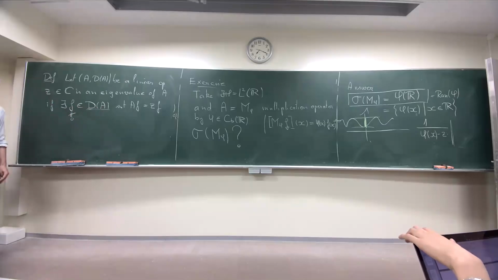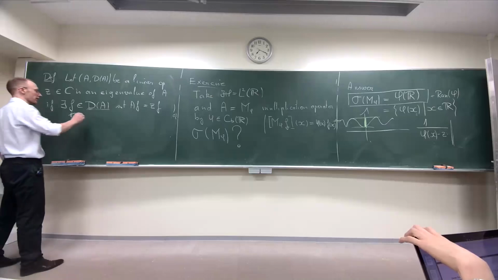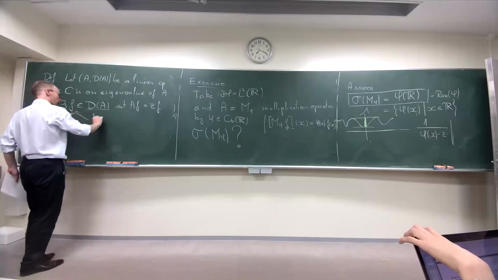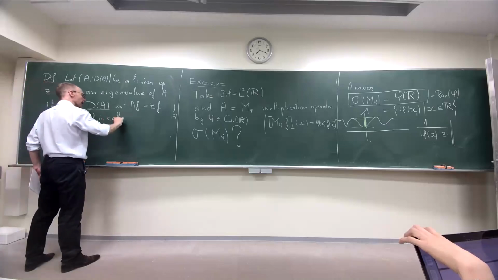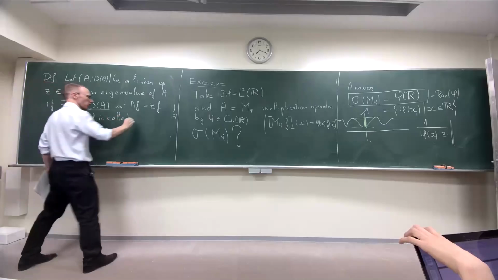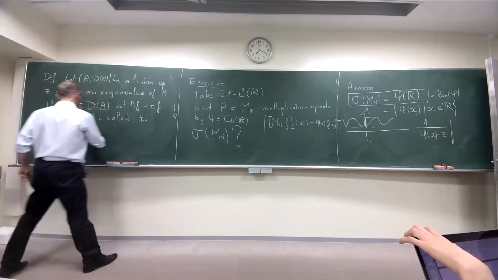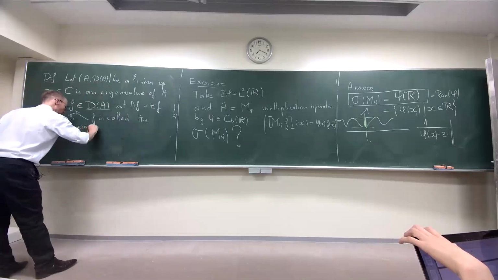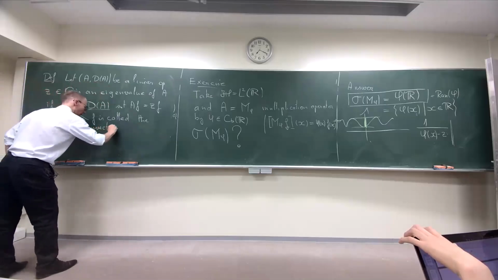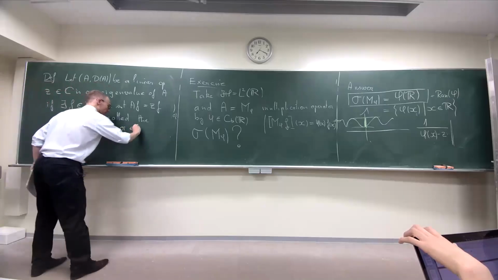This is a natural notion of eigenvalue. And we call f the eigenvector. f is called either eigenvector or eigenfunction.